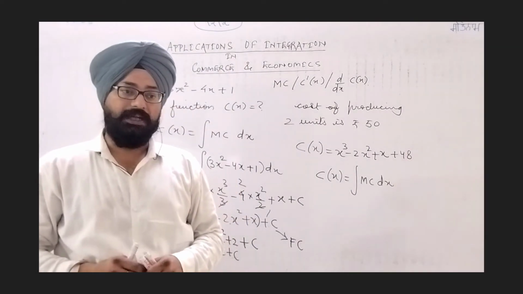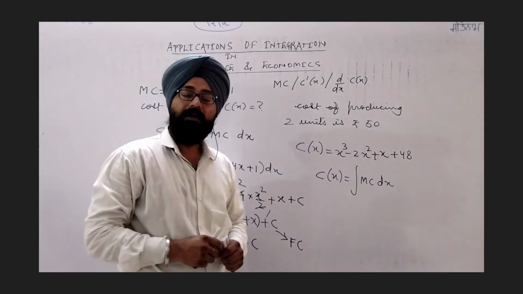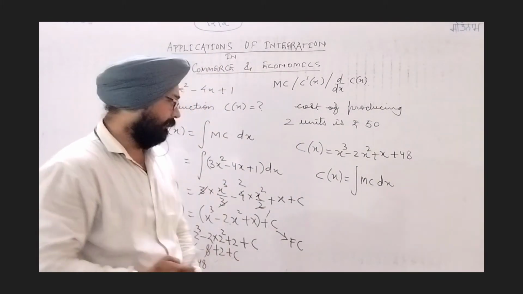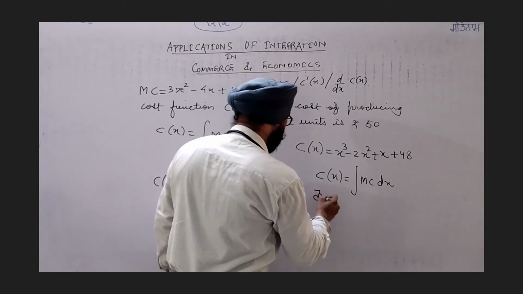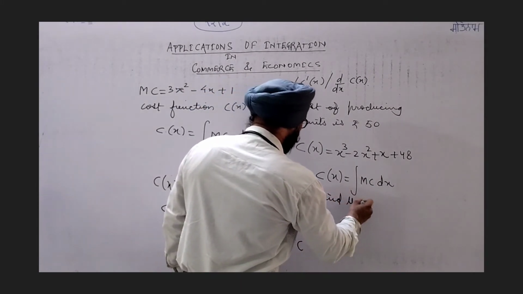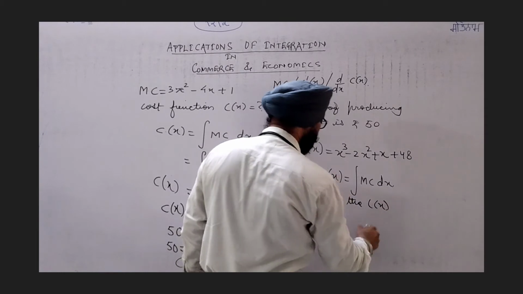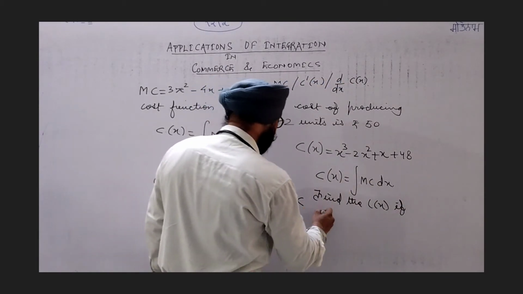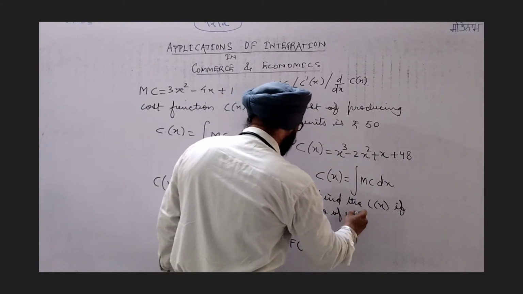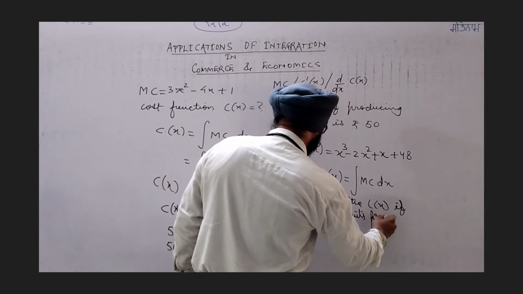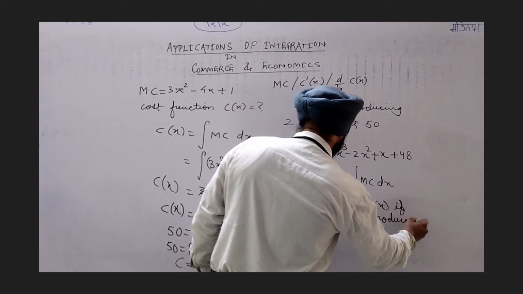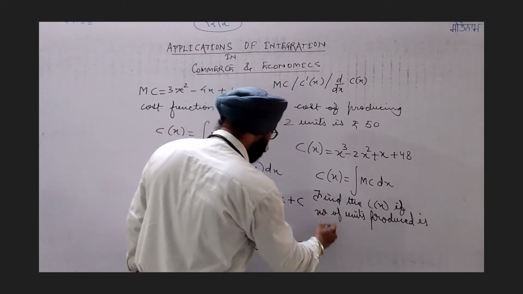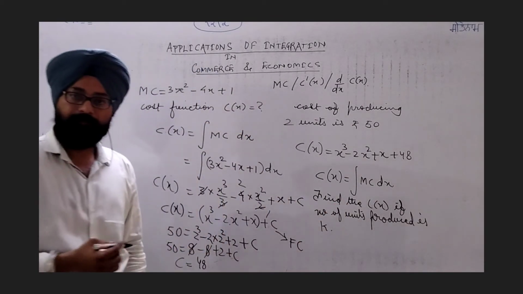In some cases, suppose I say directly, other than this information, that we have to find the cost function if the number of units produced is, let us consider some number of units as k.